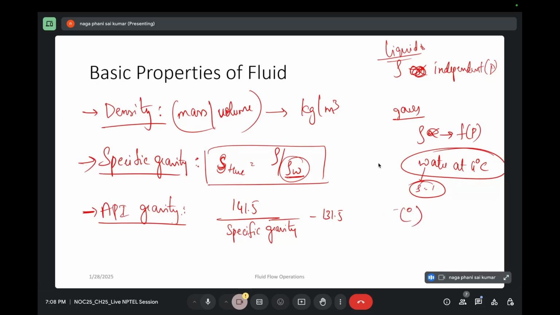Can someone tell me which industry uses API gravity?